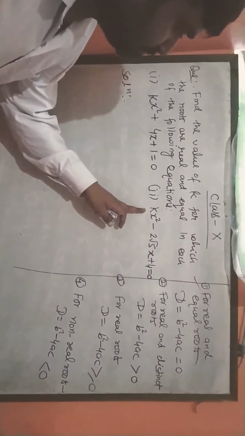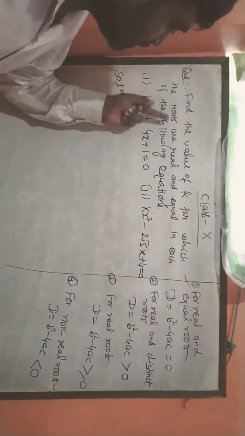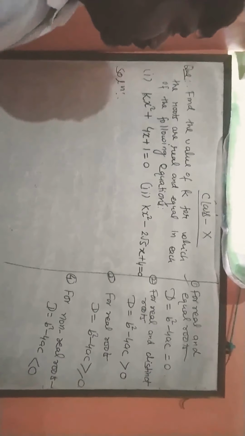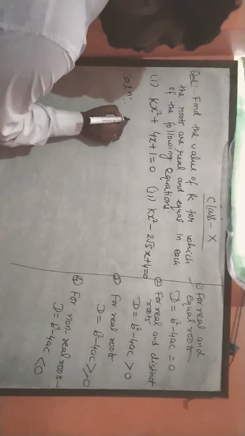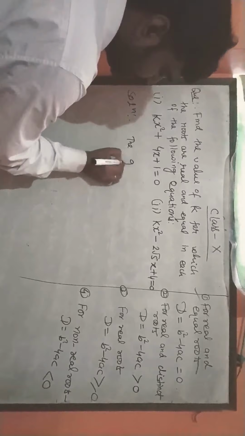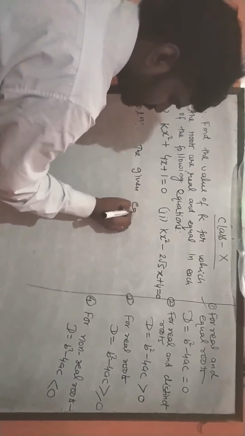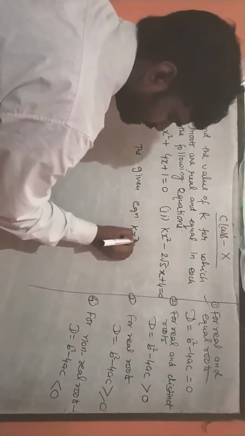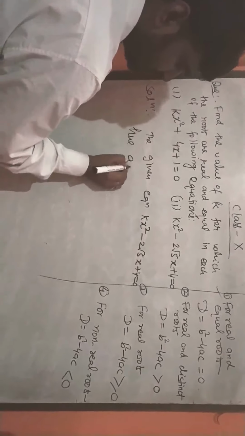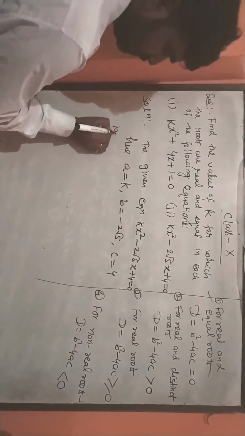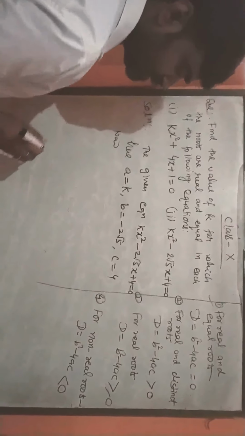For the second question, to find the value of k for which the roots are real and equal. Solution. The given equation is kx square minus 2 under root 5 into x plus 4 equal to 0. Here a is equal to k, b equal to minus 2 under root 5 and c is equal to 4. Now we have to find the value of D, which is b square minus 4ac.